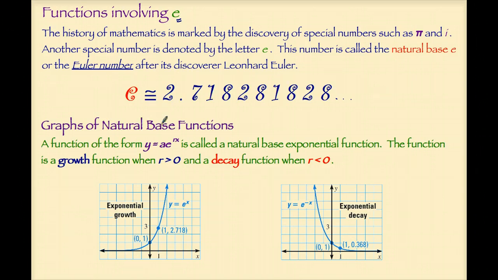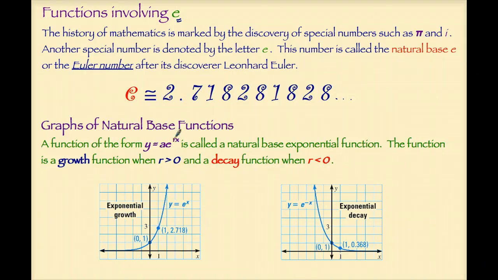Graphs of natural base functions. A function of the form y equals ae to the rx is called a natural base exponential function. Rather than a base like 2 or 1/2, you can have e as a base to your function. The function is a growth function when r is greater than 0, and a decay function when r is less than 0.